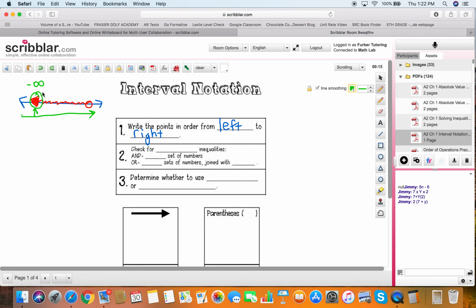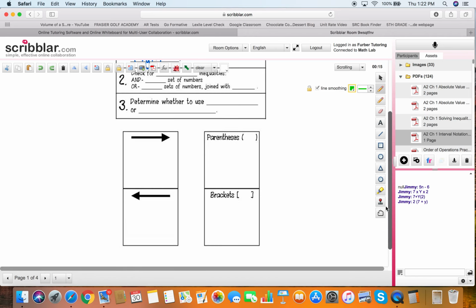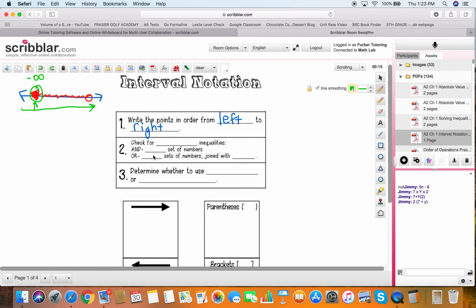This is the infinity symbol. It looks like a sideways 8. So I'm going to go down here and I'm going to write that this is negative infinity. And again, that would be this. And let's say that I had a graph and the arrow was going to the right.